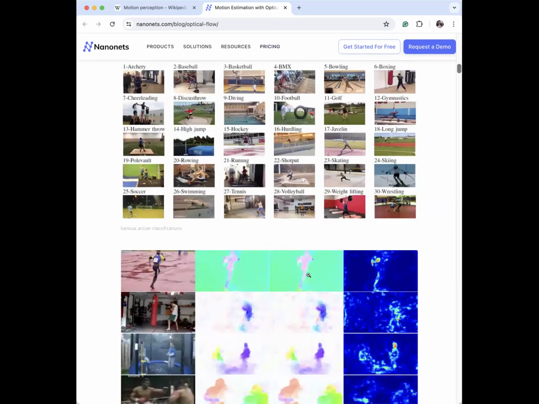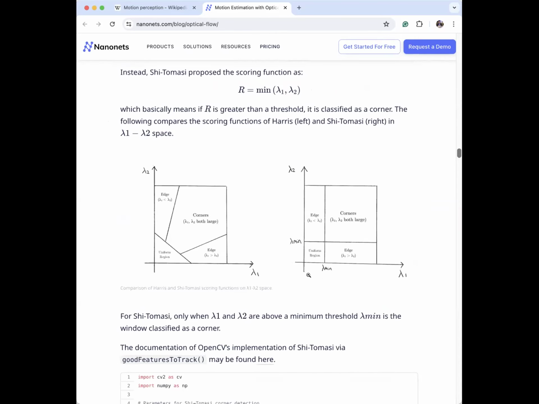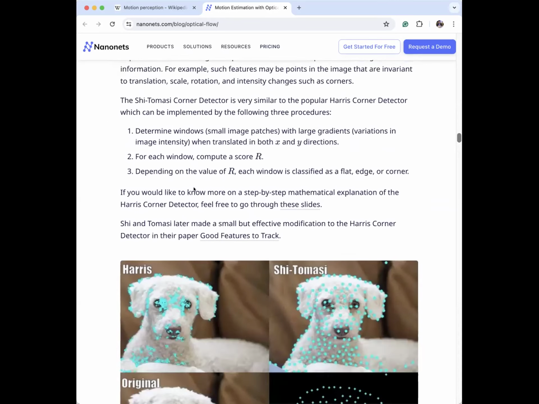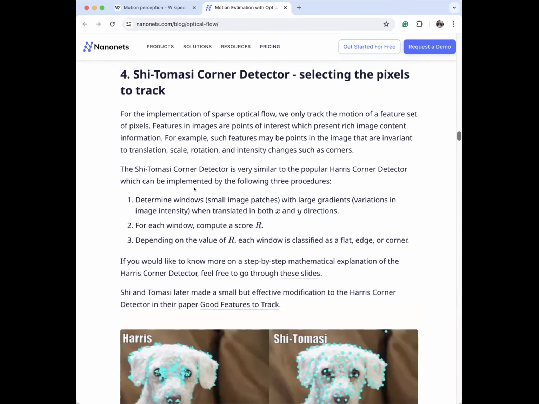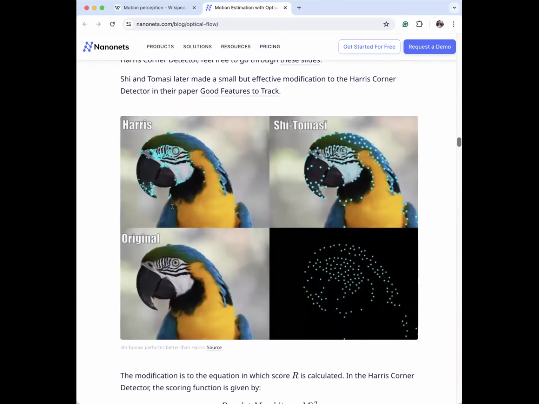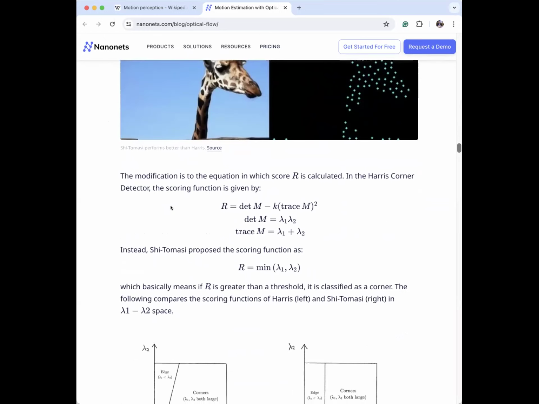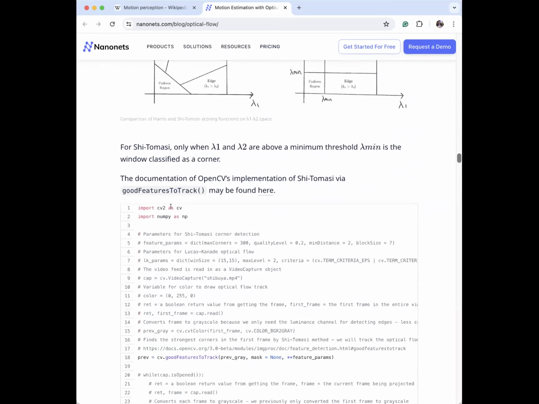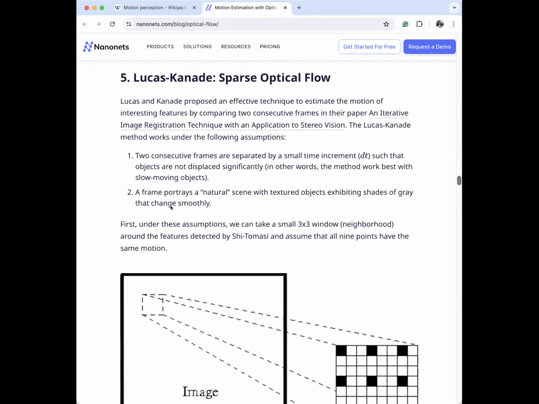There are multiple approaches of how to address this. This is your homework for next week. In one of the subsections you see a corner detector, which selects pixels to track, and internally it also uses the Harris corner detector. The Harris corner detector is something we saw a few weeks ago, so this may be a revision of that.